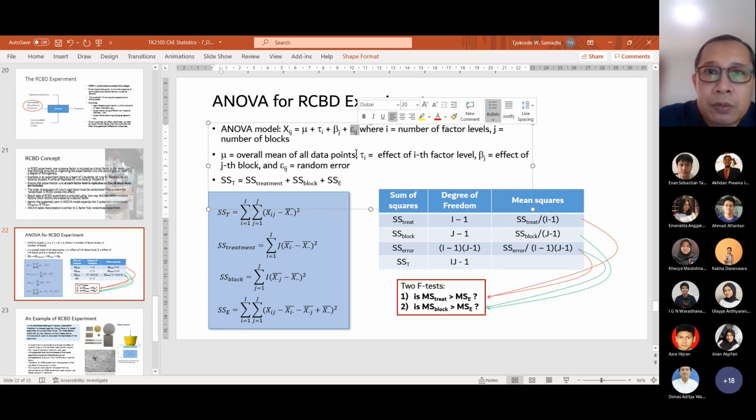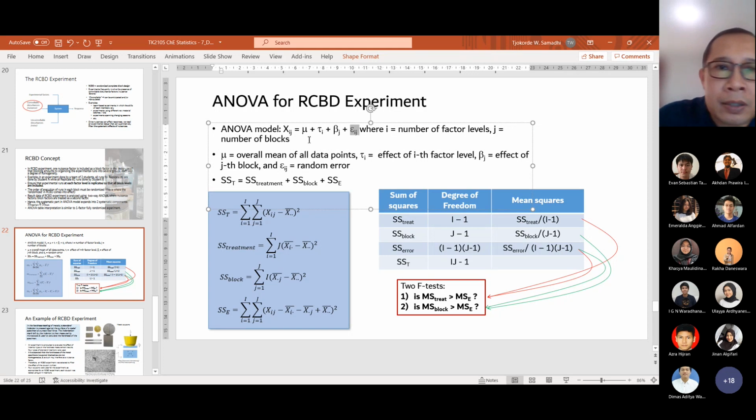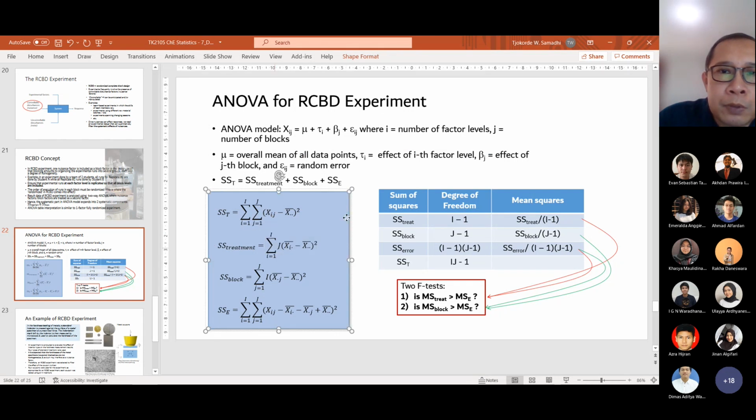If we codify this model, we say SST equals SS treatment plus SS block plus SS error. And the formulas for each of those sums of squares are in the blue box.